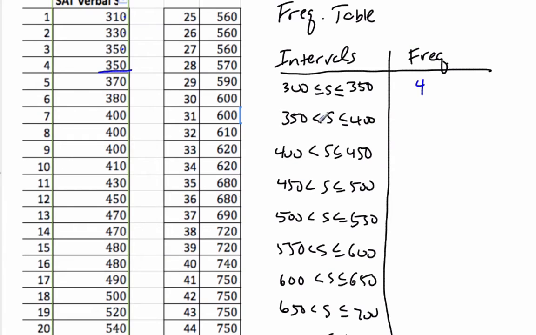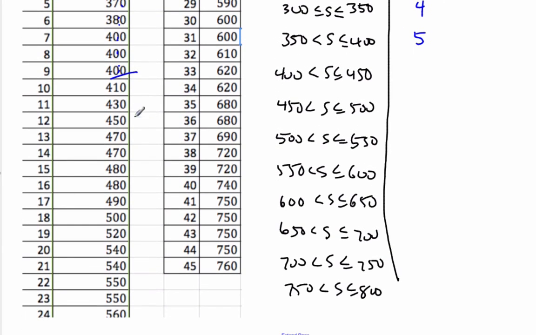And then I go from 350 to 400. So 1, 2, 3, 4, 5. The next one is going to be 1, 2, 3, 4, 5, 6, and then 1, 2, 3, 4, 5.